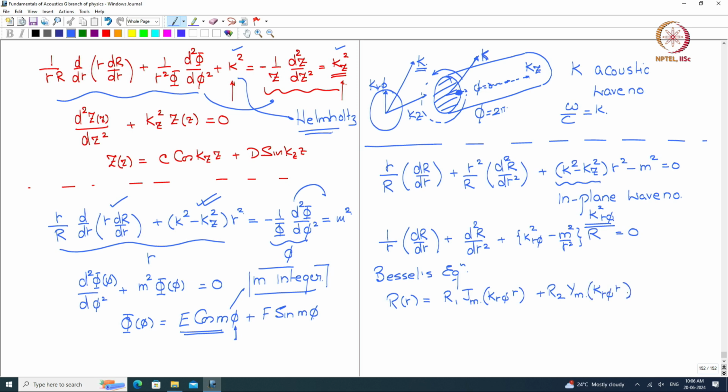Okay, where this m index is the same as this m index. They are tied together.